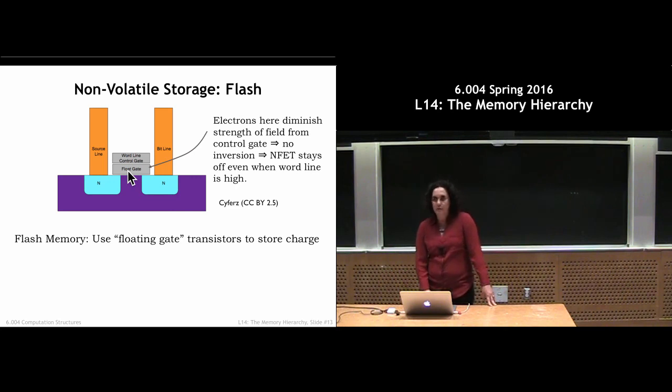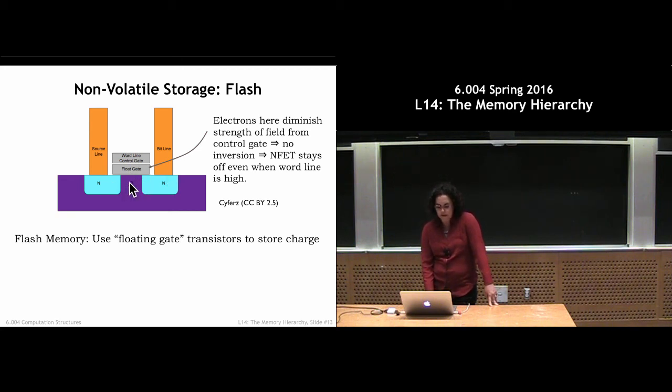So then, how do we go about making use of this charge? Well, we essentially place it inside a MOSFET. So here we have an NFET, where this floating gate lives between the gate of the NFET and your channel.